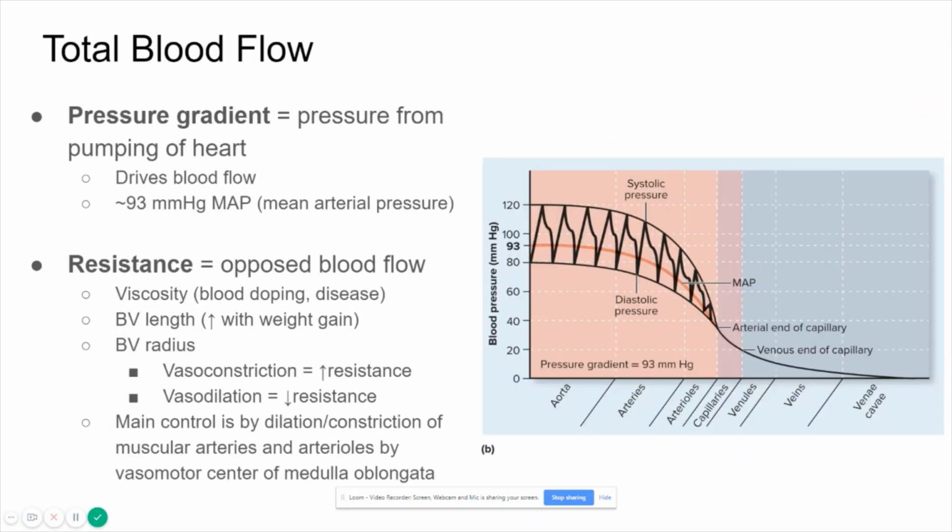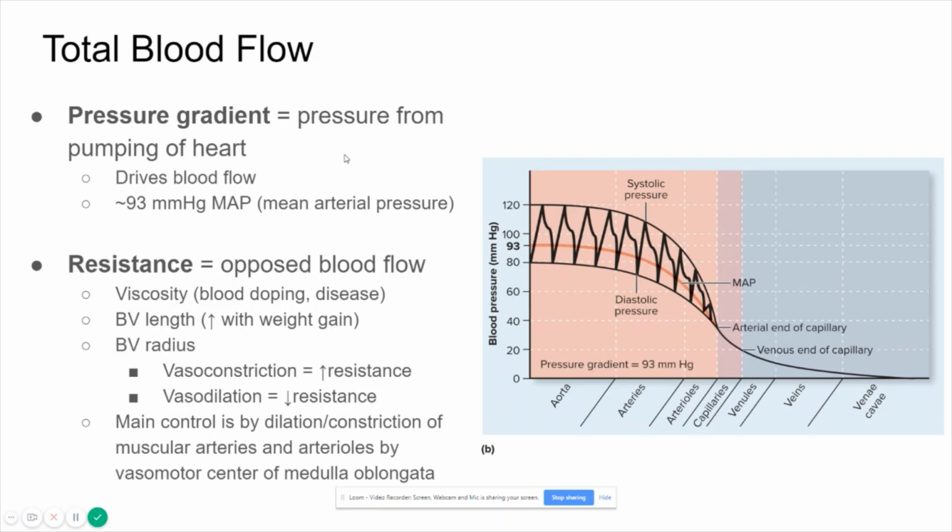So we've talked about the blood pressures that are relevant in the arteries, as well as how blood moves to the veins. So let's put some of this stuff together and figure out how you can know the total amount of blood that's flowing through the cardiovascular system. Well, the total amount of blood flowing is really dependent on two main variables. One is the pressure gradient, or the pressure that's given to the blood by the pumping of the heart.